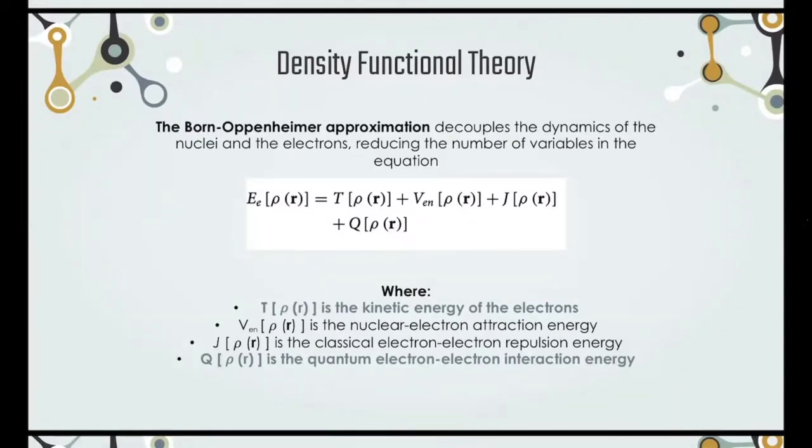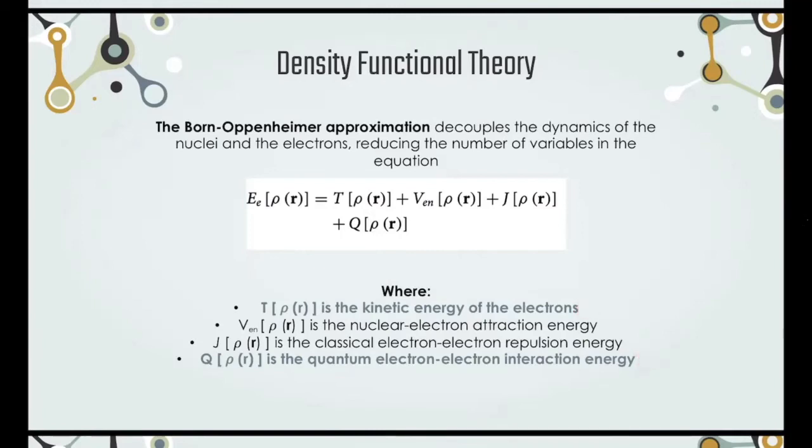Because we know that the nucleus is larger and moves slower than the electrons, which are small and fast. So it decouples them so that the study of the electrons and the energy of the electrons is easier, right? I put the equation here just because I wanted to highlight this here and this here.